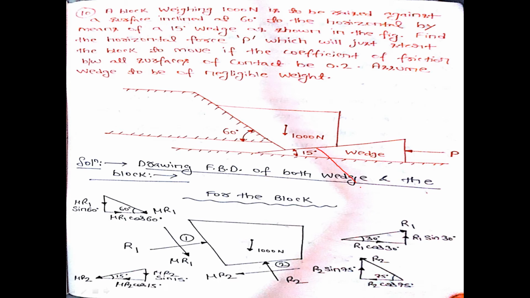If I consider this particular triangle, this is 15 degree, this is 90 degree, then this angle will be 180 minus 15 plus 90, which is 75 degree. That means this is your R2, and this angle is given as 75 degree. So this will be your R2 cos 75, this is your R2 sin 75.